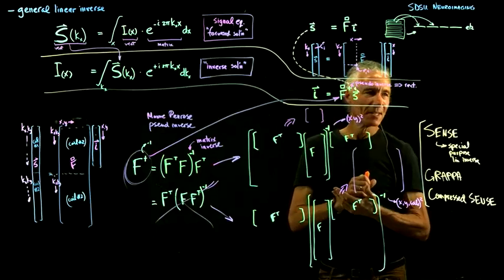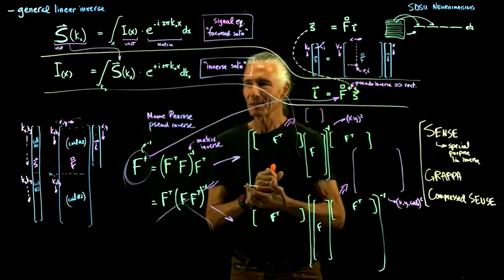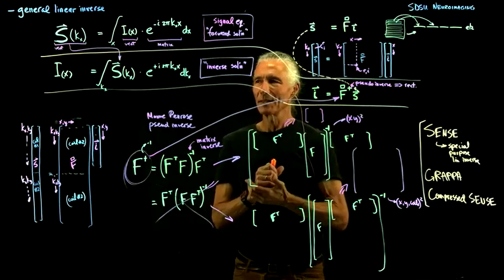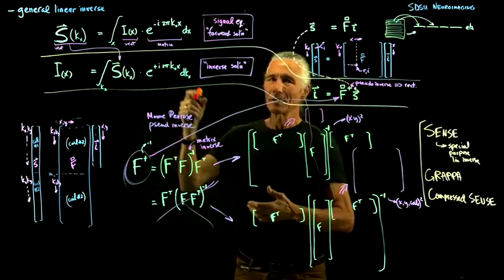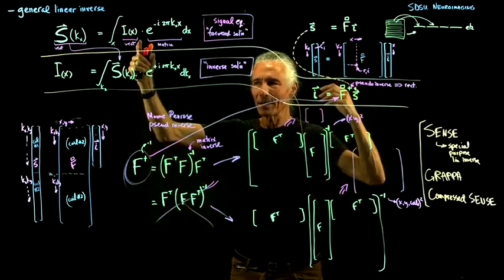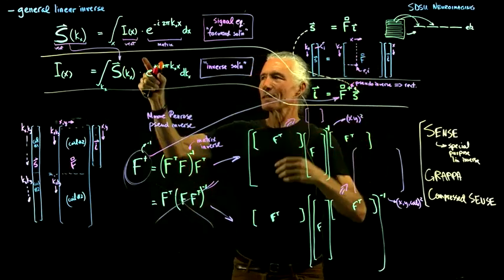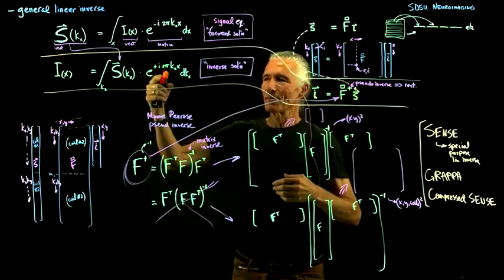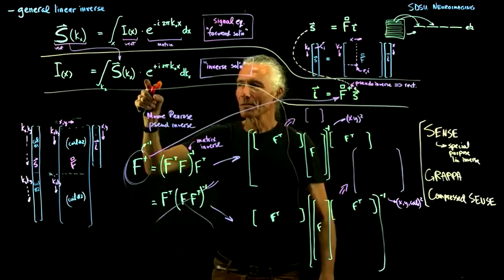Any final questions about the general linear inverse approach? Of course you could just do a plain old Fourier transform using this method, but it would be way less efficient than using the fast Fourier transform that is worked out for, right here.